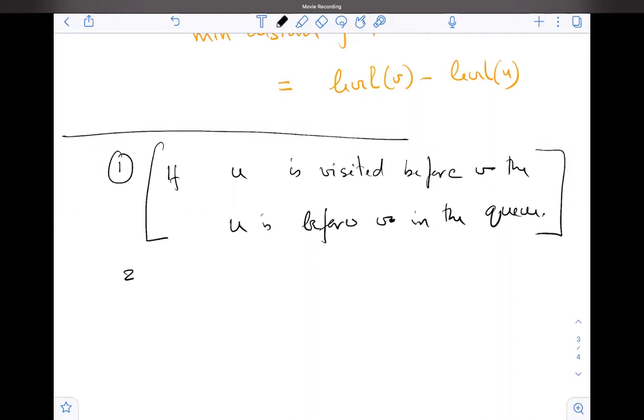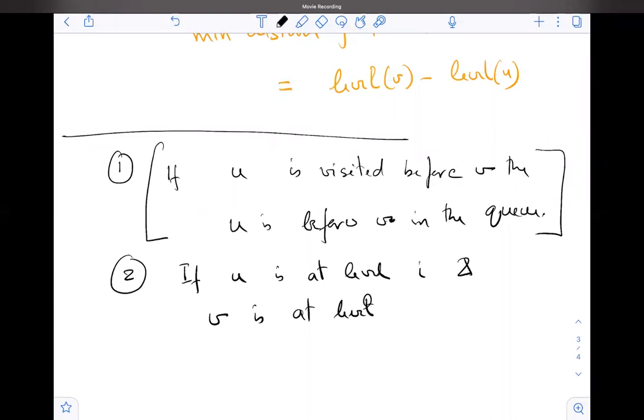There's another observation that you have to see, which is if U is at level I and V is at level J, and I is less than J, then U is visited before V.